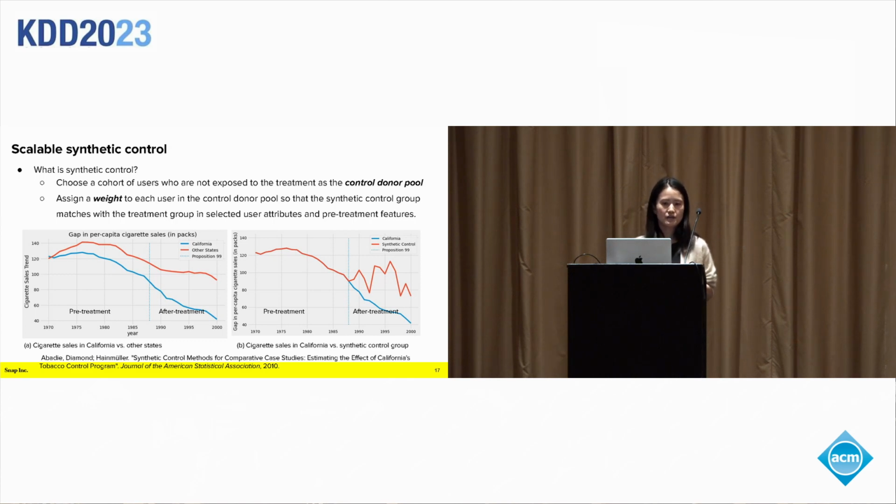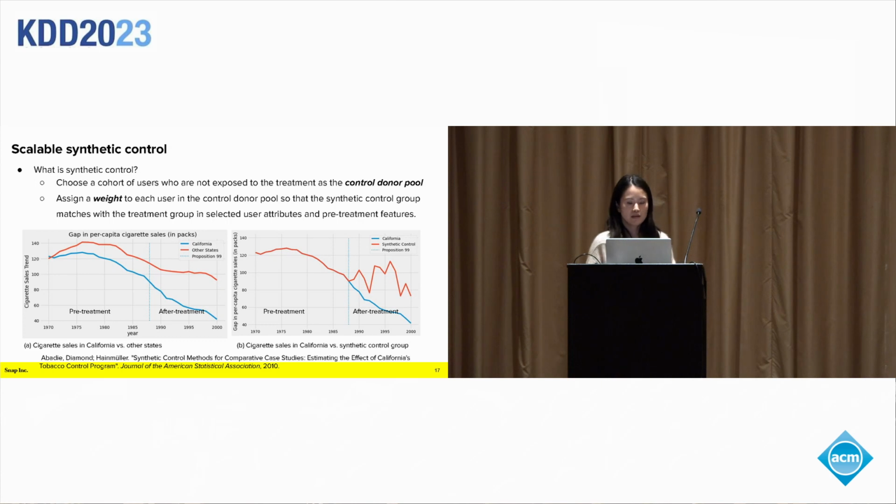To measure the impact of Proposition 99 on cigarette sales in California, if we just look at the figure on the left-hand side, it's very hard to tell, because we see that sales of cigarettes had already started declining as early as the 1970s, and the sales in other states were also declining.